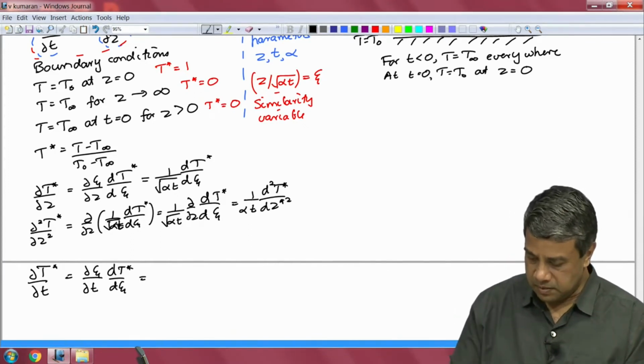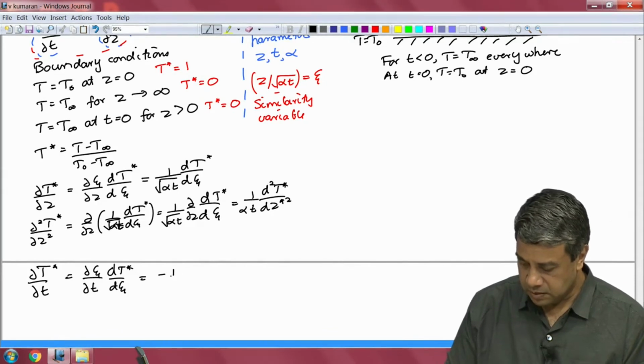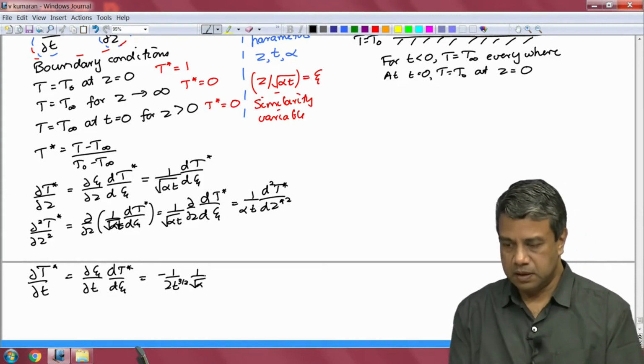So this will be equal to minus 1 by 2 t power 3 by 2, times 1 by root alpha.